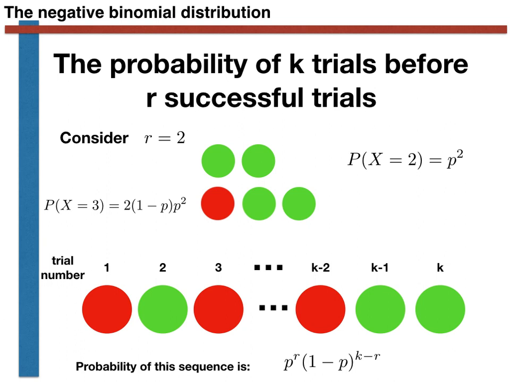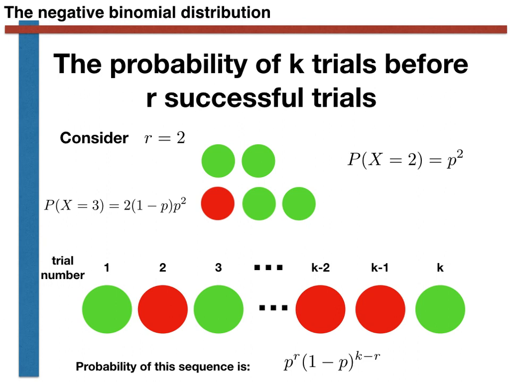Having said that, however, the R-1 successes and the k-R failures in the preceding k-1 trials can occur in any order. For instance, the successes and failures can occur in the order shown here, or they can occur in this different order, or even this different order.